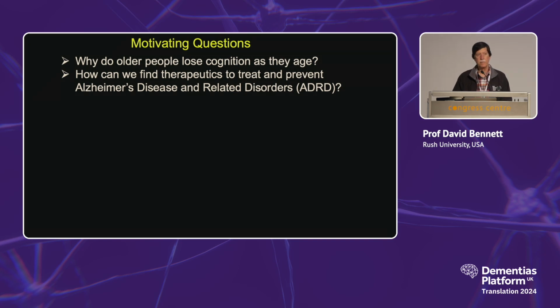And at that time, the logic was, does the person have dementia, yes or no? If yes, does the person have Alzheimer's disease, and can you confirm that pathologically? And that was your logic tree.